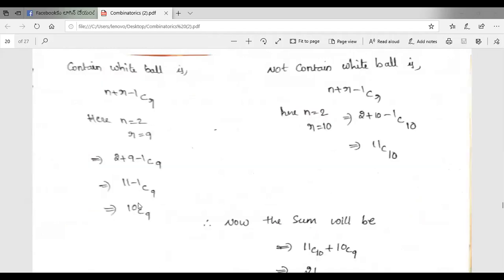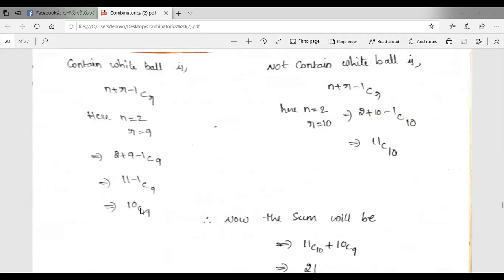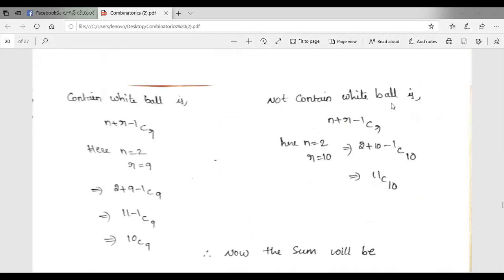So 10C9. Next, if the selection does not contain a white ball, n is equal to 2 and r is equal to 10, because the balls we have to select come from blue and red. So the number of objects is 2 and the total number of balls we have to select is 10. Substituting these values in the formula, we get 11C10.